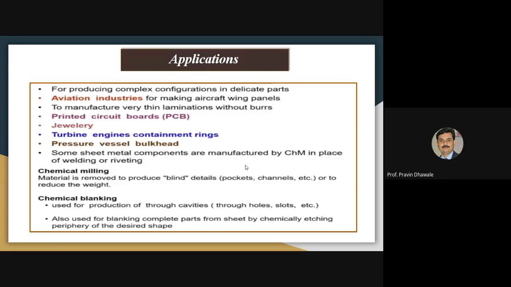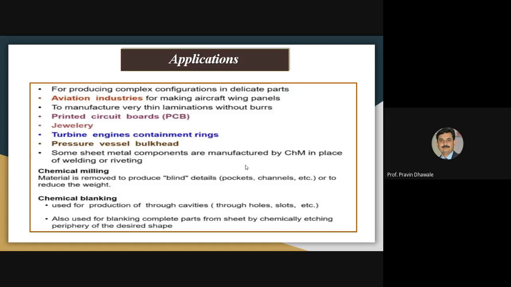In the case of chemical blanking, it is used to produce through cavities, meaning holes throughout and slots. It is also used for blanking complete parts from sheet by chemically etching the periphery of the desired shape.